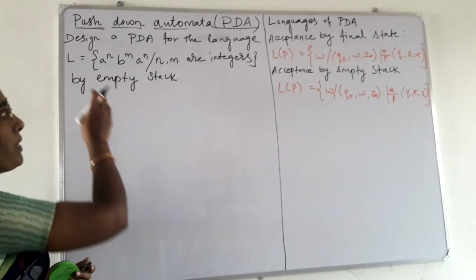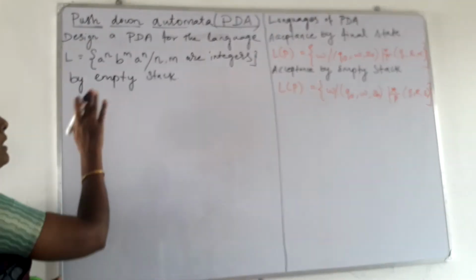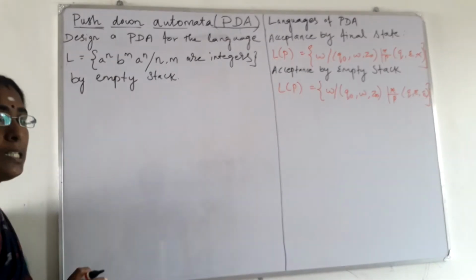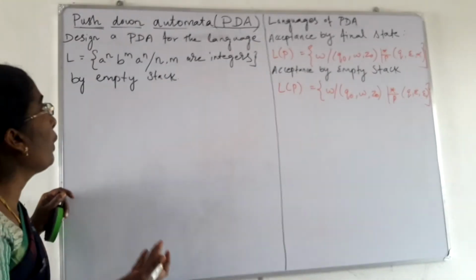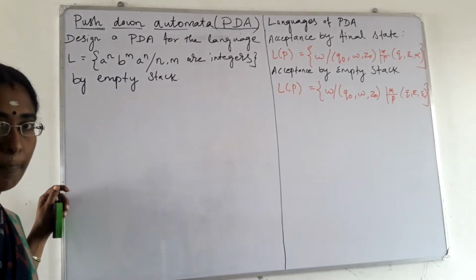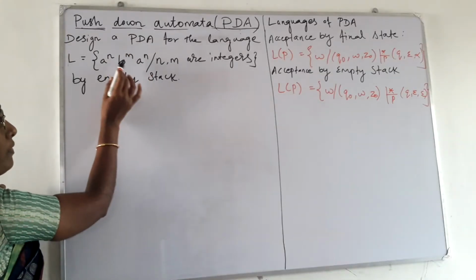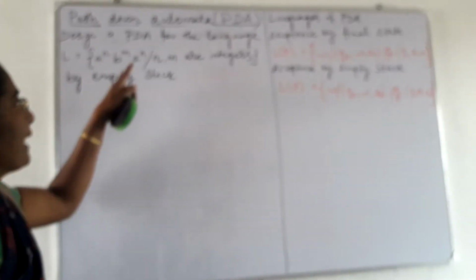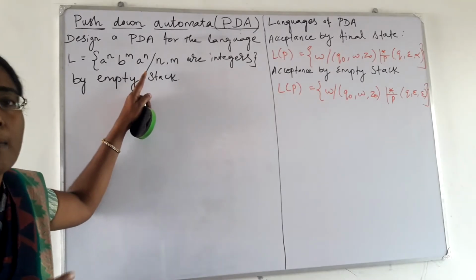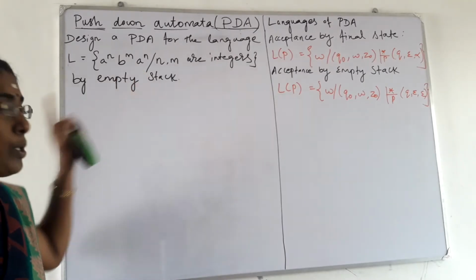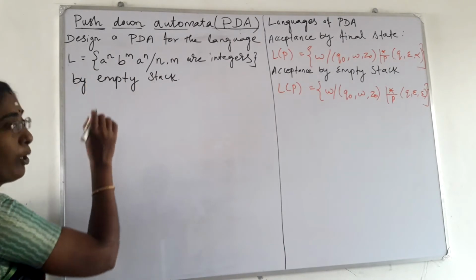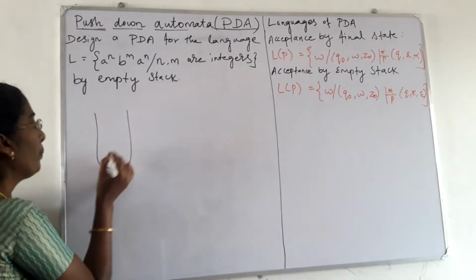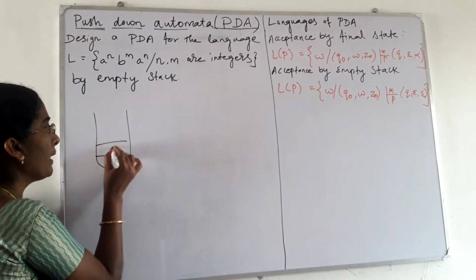What are the operations for this particular language? Listen: a^n, that is n number of a's followed by m number of b's. There is no restriction between n and m. But at last again it should be the same n number of a's. So how do we perform this operation? First we have to push the n number of a's onto the stack.